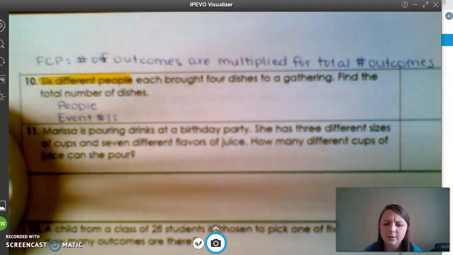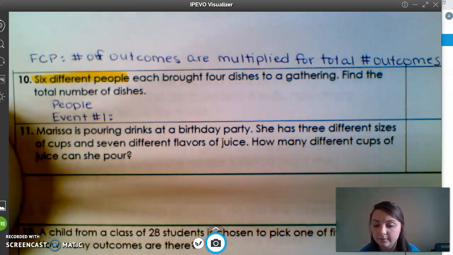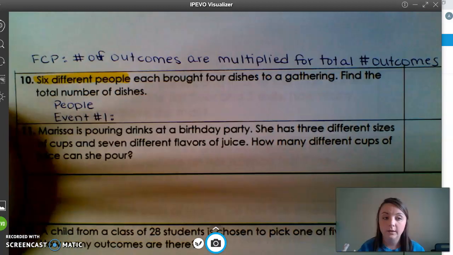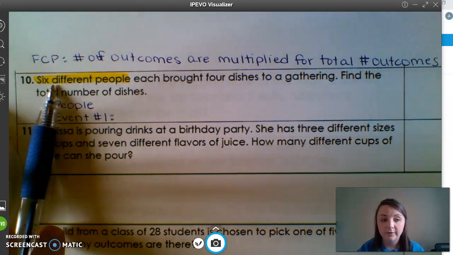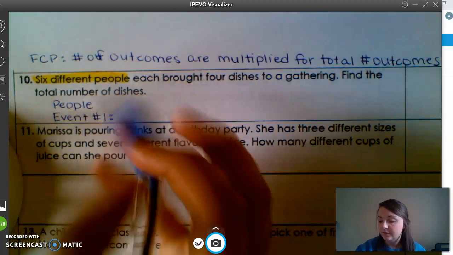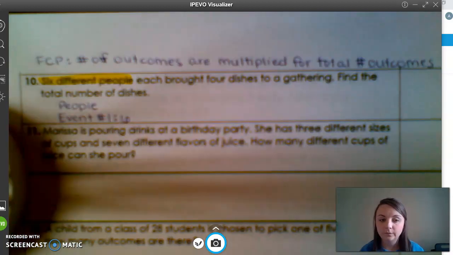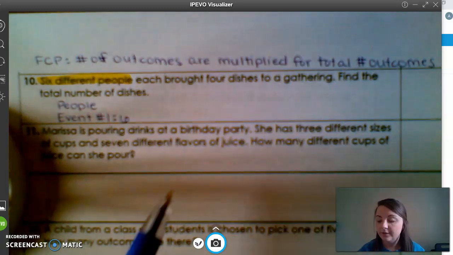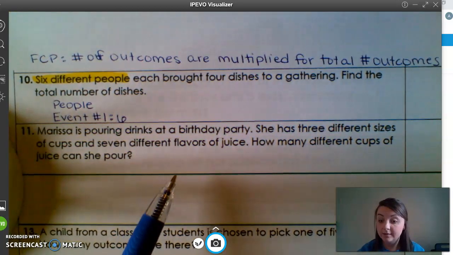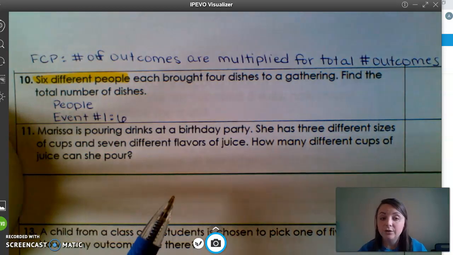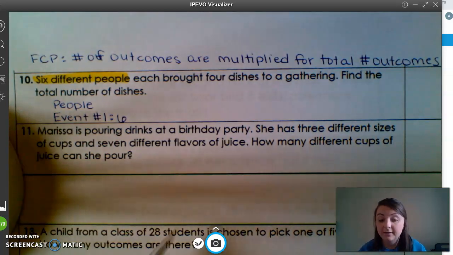Well, how many different options do we have for those people? How many different people do we have? Well, it says right here, we've got 6. So for event number 1, we've got 6 people. Well, after those people come in, they bring their dishes. And how much should each person bring? Well, it told us each brought 4 dishes.